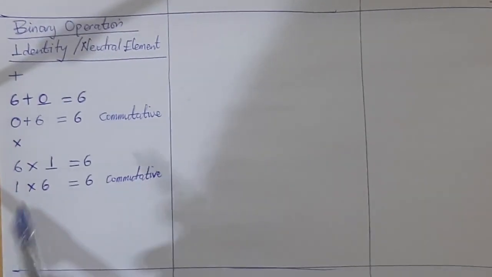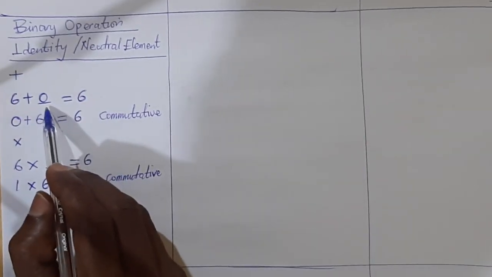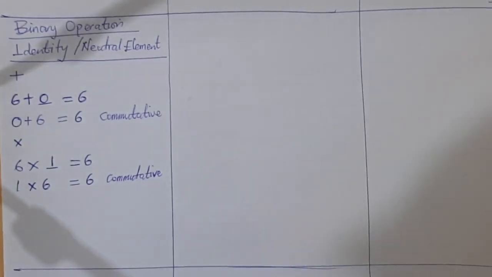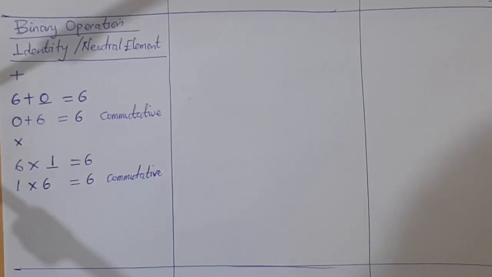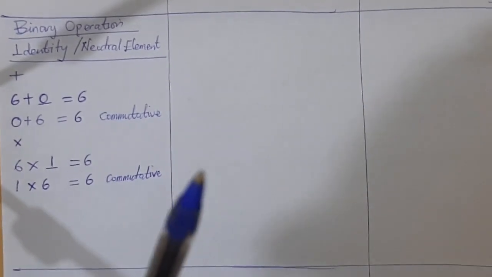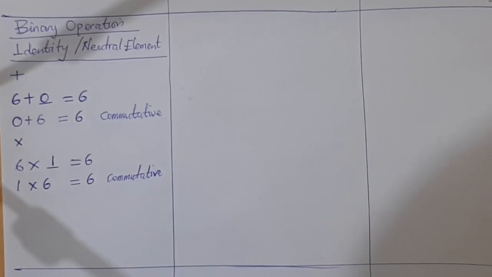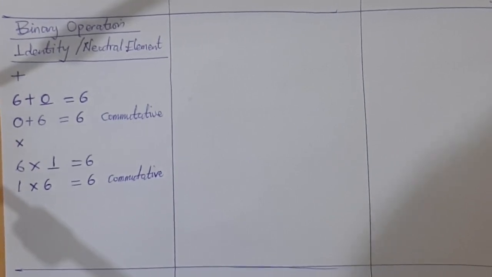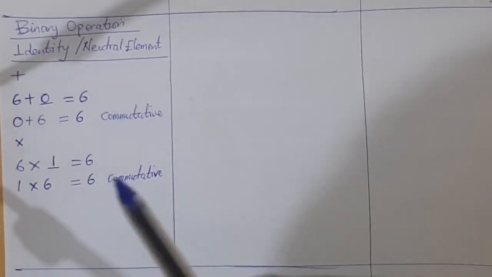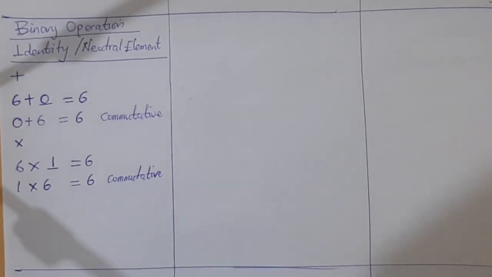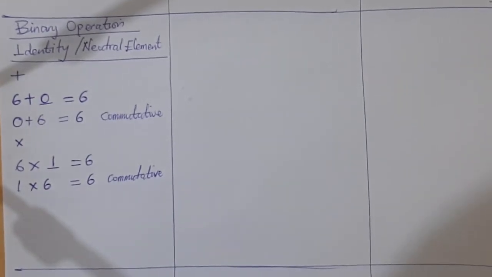Now, for addition, there is this number or element. Anytime you add it to any other number, you will get the second number. So for example, there is a number x. If I add it to 6, I will get 6. So x is 0.